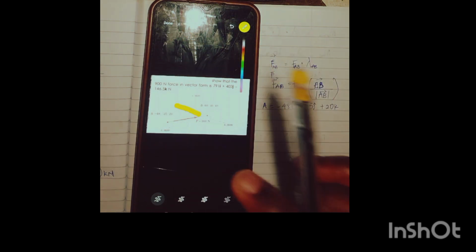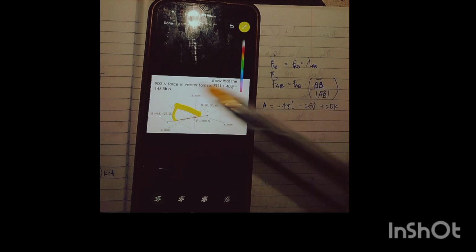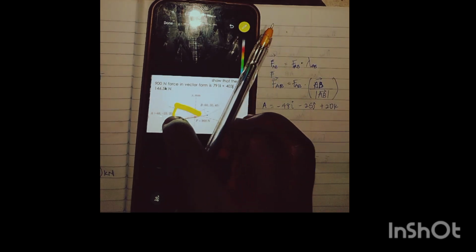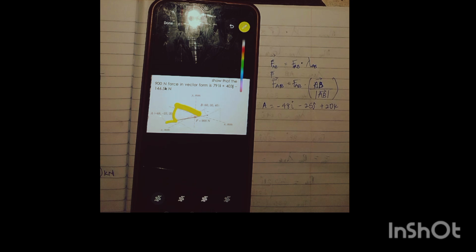From O to A, we go in this negative x direction. So that means from this distance to this distance is that particular minus 48, and also from here to here is that particular one. As you can see, we are going towards the negative y-axis, and from here to here is towards the positive z-axis. So that's how they go about that.